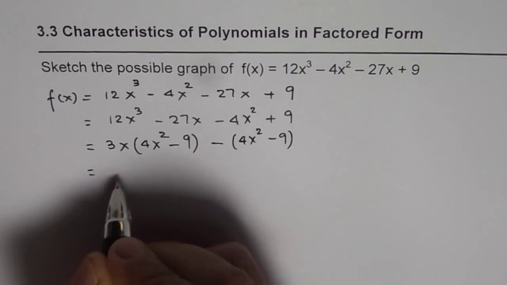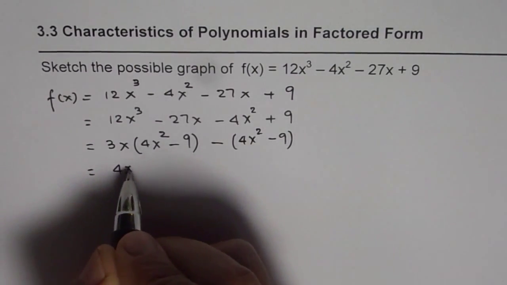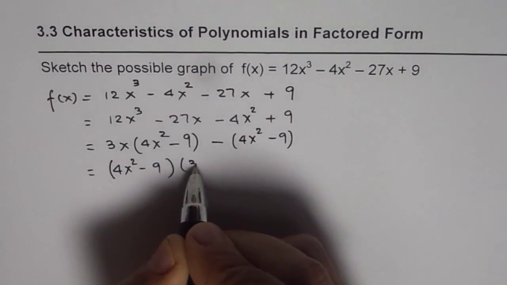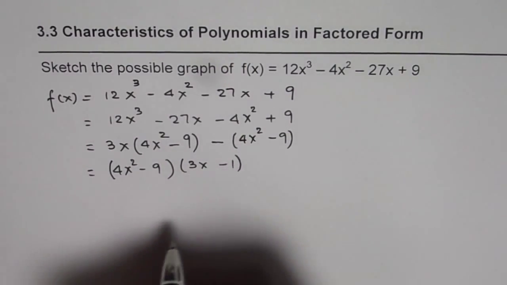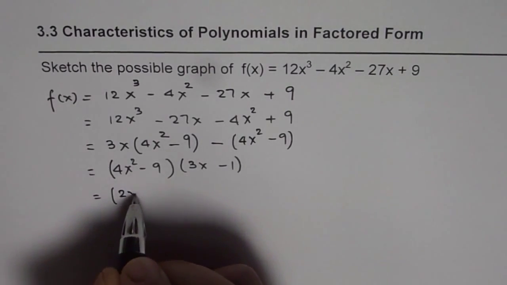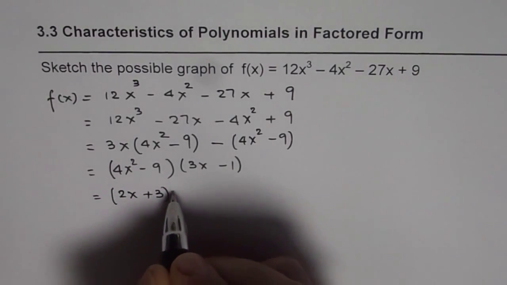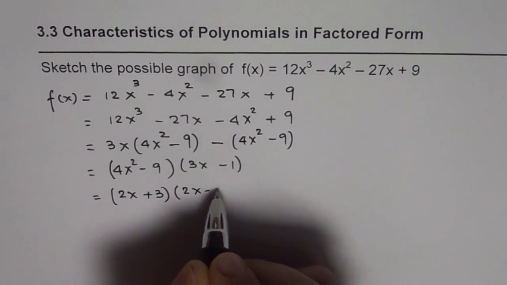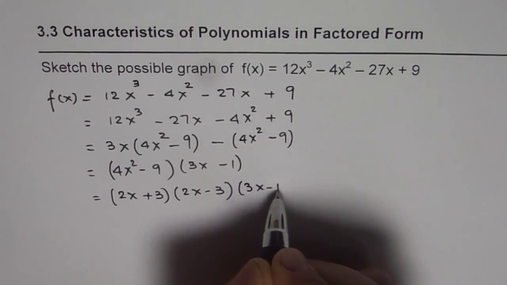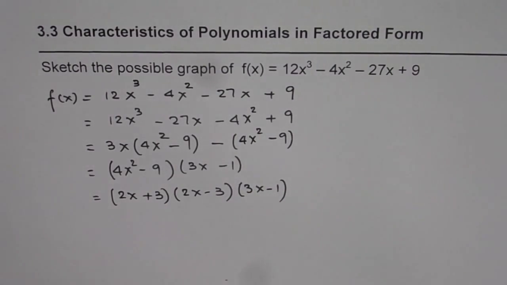Now 4x squared minus 9 is common, and we get 3x minus 1. This is a difference of squares, so you could write this as 2x plus 3 times 2x minus 3, and you have 3x minus 1. So that is a polynomial in factored form.